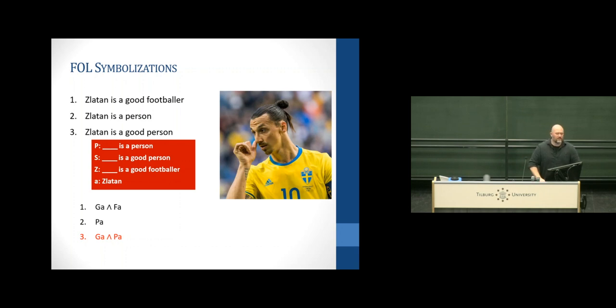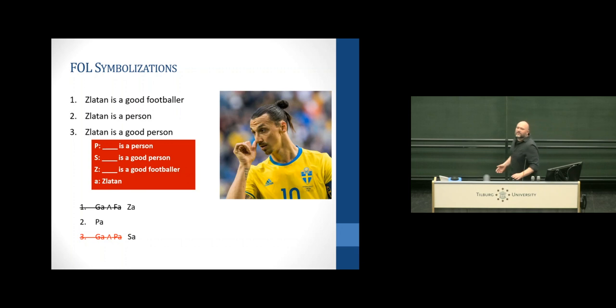How would we do sentence 1 with this new modified key? Yeah, right? Zlatan's a good footballer just becomes ZA. In some sense, the structure gets packed into the predicate. And this one remains the same, but then how do we do our third one? Yeah, SA, right? SA.